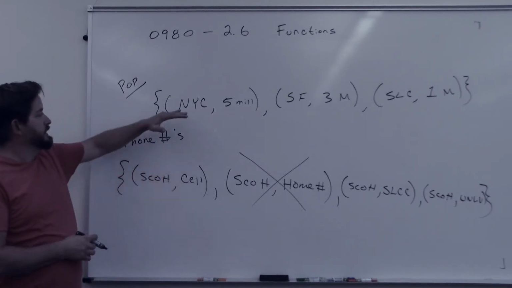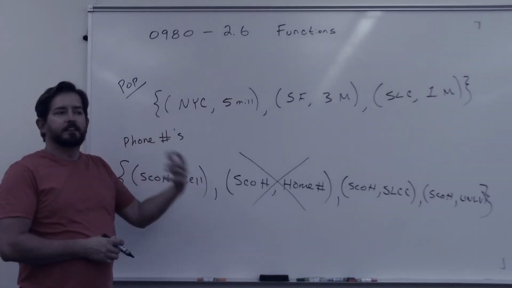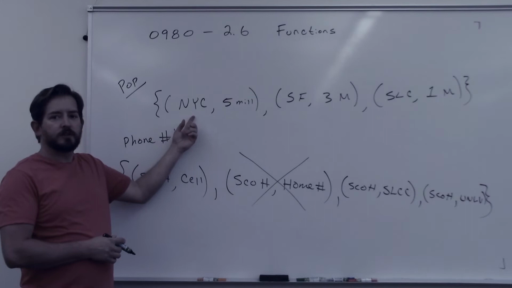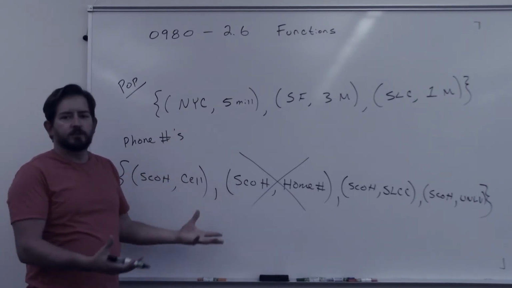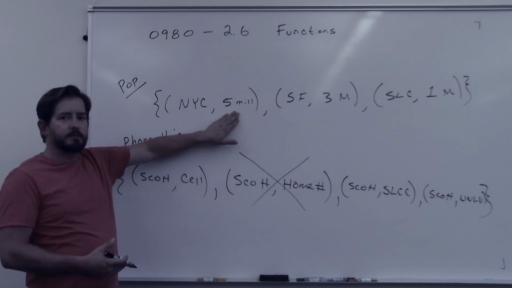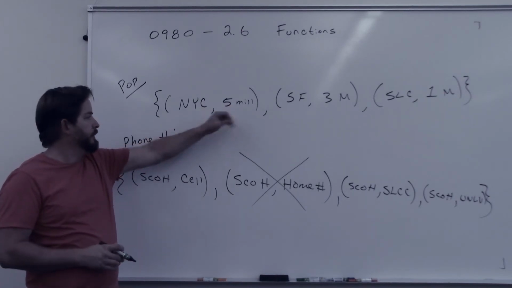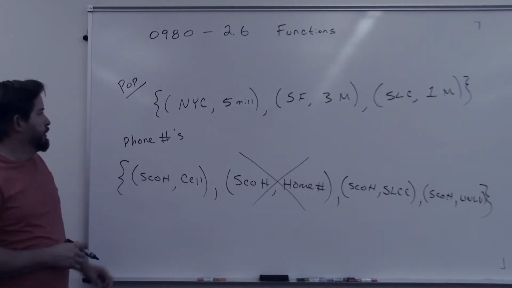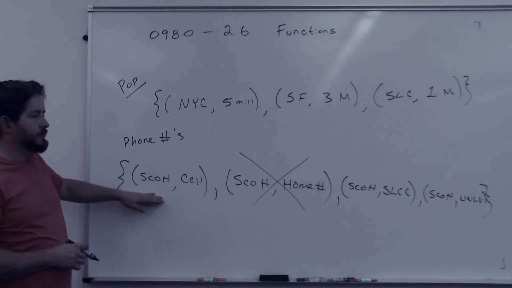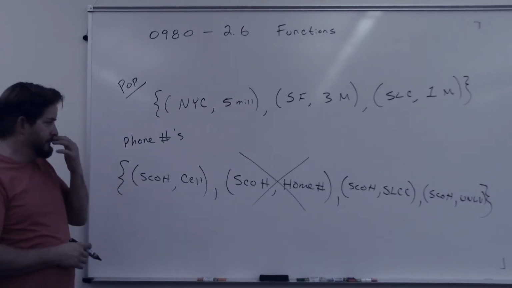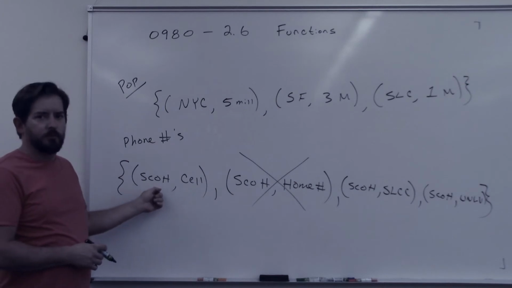Whereas these ones do. New York City, 5 million. San Francisco, 3 million. What's the population of New York City? I don't have to ask what answer you want, because there's only one answer. It's 5 million. So the population is a function. This phone number list is not a function because there are 3, 4, 5 possible outputs for the same input.